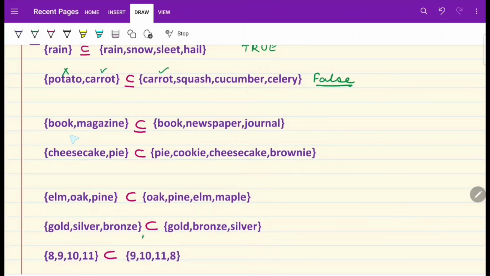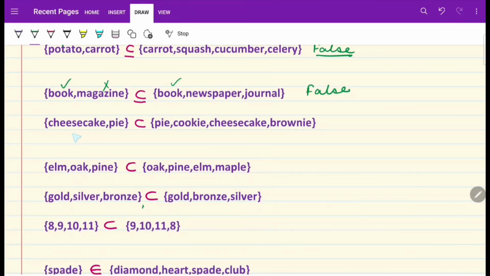The next one, the subset has elements book and magazine, and the set from which it is created has book, newspaper, journal. So book is there in the subset and the set. However, magazine is not there. Therefore, this is also a false statement. Correct? It's not a subset of the set containing book, newspaper, and journal.